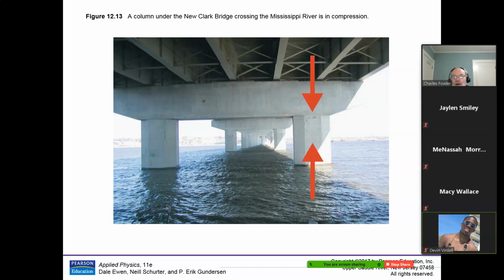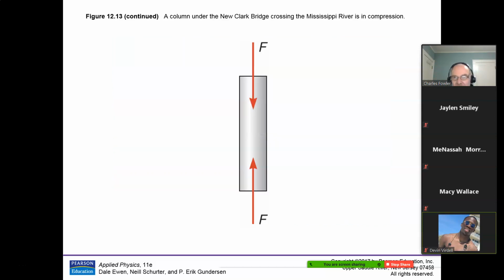Now, what if the stress is not direct like that, but is sort of at an angle? That would then cause this type of stress. This is a compressive stress here. The two forces are in opposite directions: the normal force upward, and the applied force downward.